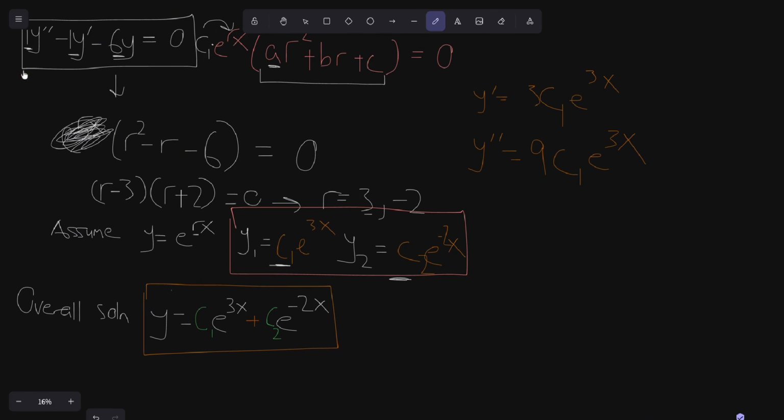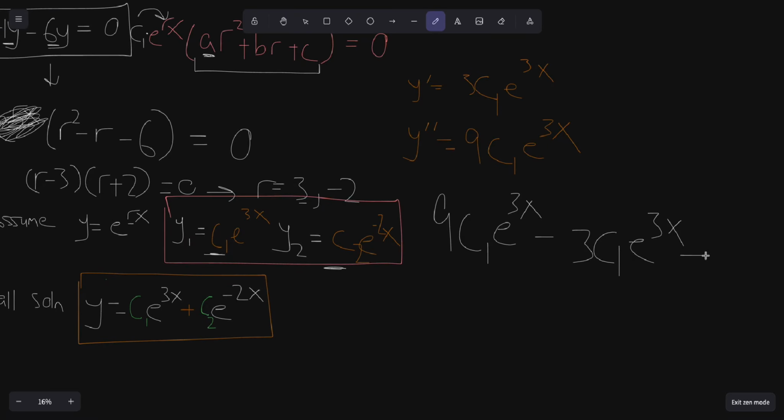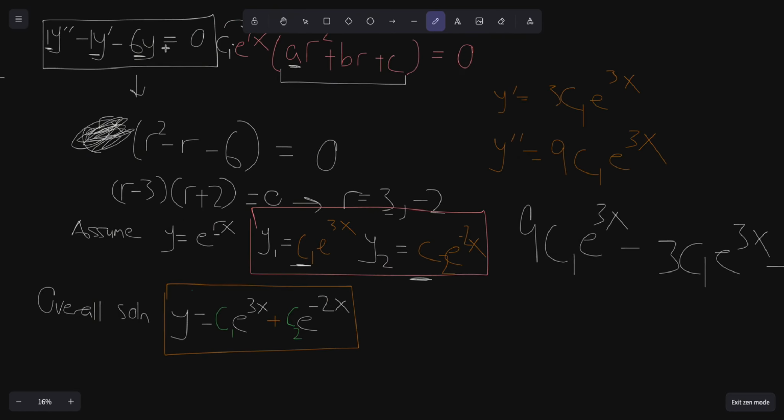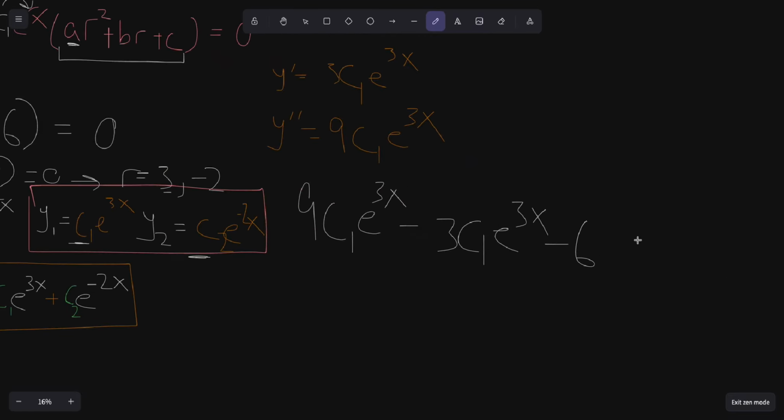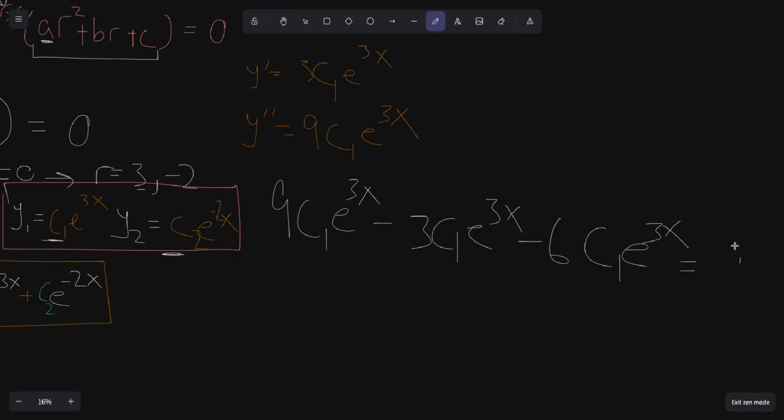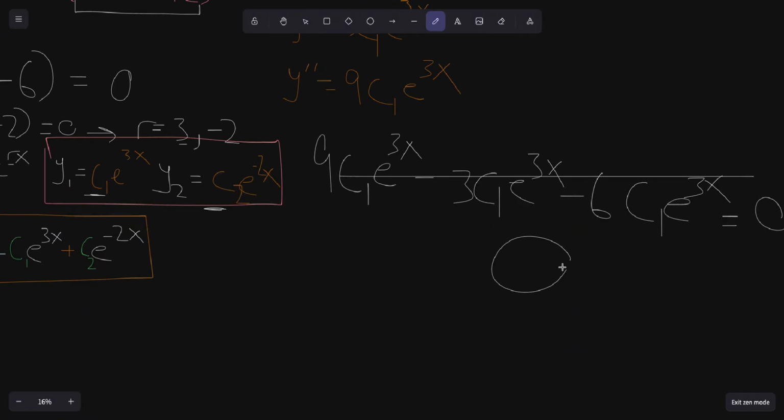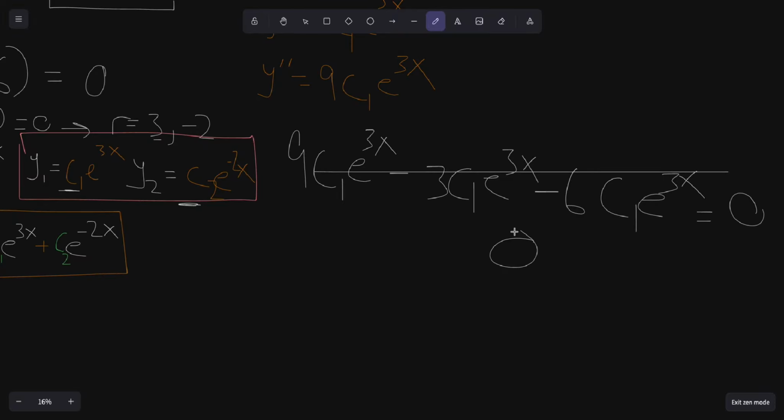And so if I plug both these back into my original equation, I get 9c1 e to the 3x, and then this is going to be minus y prime, which is just 3c1 e to the 3x, minus 6 times y. Well, what is y? y is c1 times e to the 3x, is equal to 0. And notice how all these cancel out to be equal to 0. Okay.